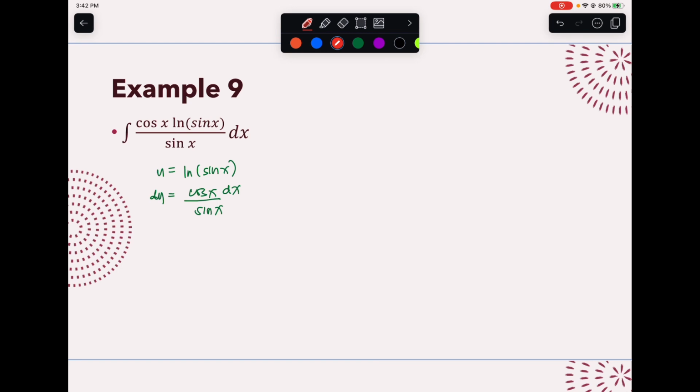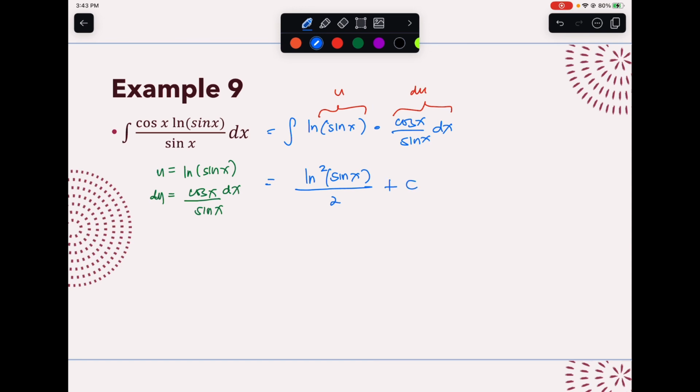To clearly see it, I can rewrite this as ln of sine x, multiplied with cosine x over sine x dx. This one would serve as our u, which is ln sine x, and the whole of this is du. In short, that would just be u squared all over 2 for the power rule, or ln squared of sine x divided by 2 plus c.